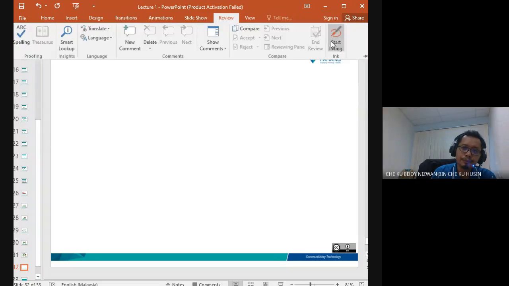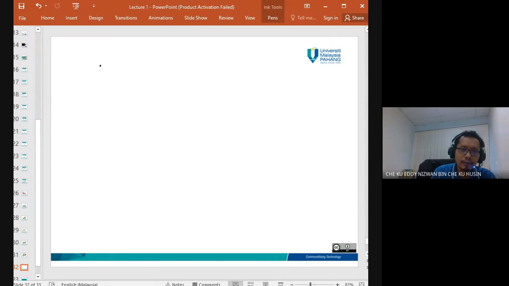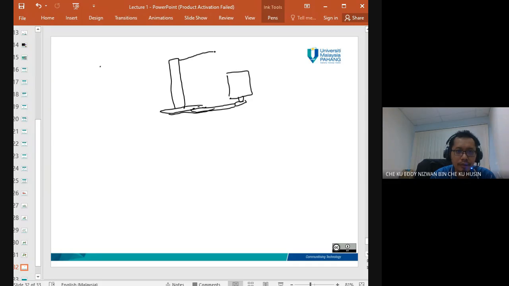We have a motor as the prime mover. So this is a motor, and then this is a pulley connected to the shaft. Okay, shaft. And then this is the fan. And this also has a resonance issue.